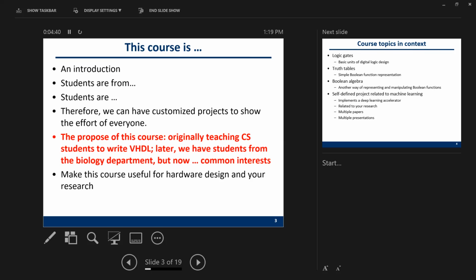Sometimes we even teach students from biology to write some VHDL. So we only introduce some very simple and basic VHDL knowledge. Then you can use this simple knowledge to write some simple projects, which can be related to your biology or economics projects. I hope that this knowledge of hardware design can help your own research.